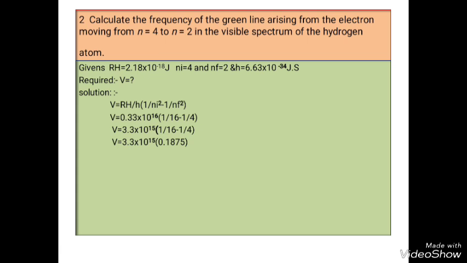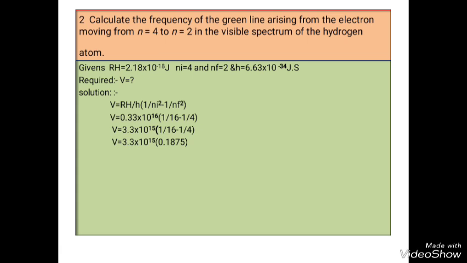The number in bracket 0.1875 comes from 1 over 16 minus 1 over 4, which means that the least common multiple is 16 for the terms in the bracket. 16 divided by 16 equals 1. So 1 minus 4 over 16, which is 3 over 16, becomes 0.1875.